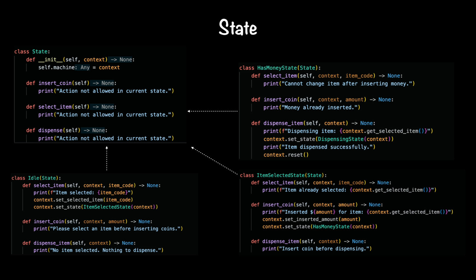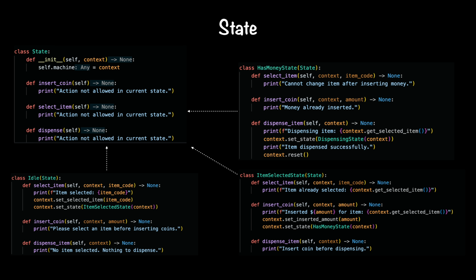It will call the idle state select item method. Here we are passing the item code as an argument, and we are also passing the context, that means the vending machine class, to each and every state. This helps us to change the current state variable in the context.